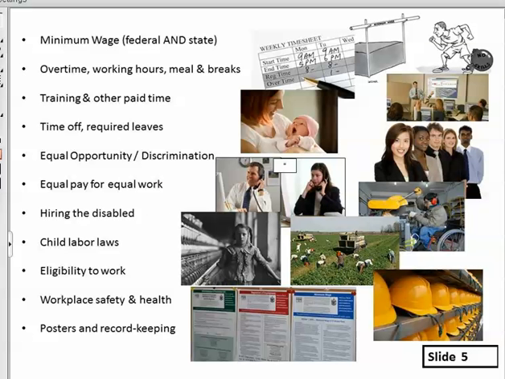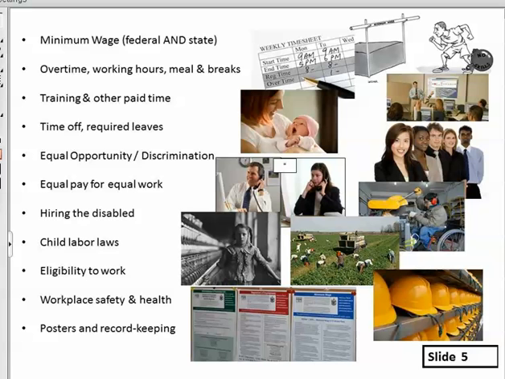Okay, we looked at what a number of the laws are that an employer has to be aware of. And we broke those down into the categories you see here on slide 5. Several of them depend on the size of the company and how many employees they have.